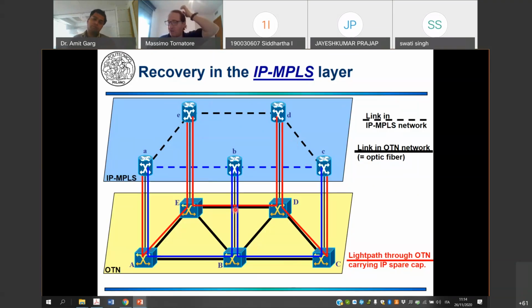So this is the snapshot that you have. You have working and backup connection in the logical layer, which are mapped on working and backup connection in the physical layer. Still, we are considering protection in the optical layer and protection in the logical layer with no interaction. But indeed, these two protections can interact.